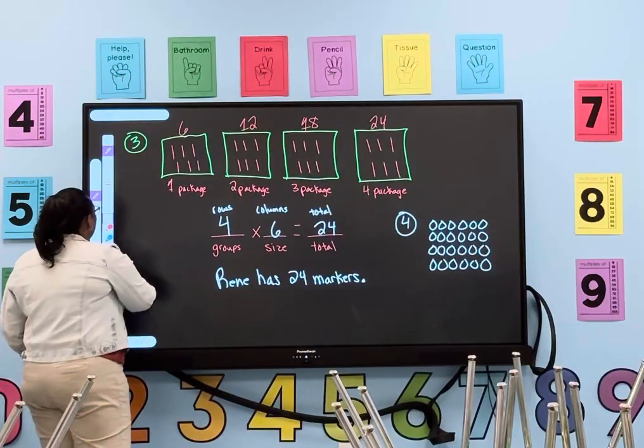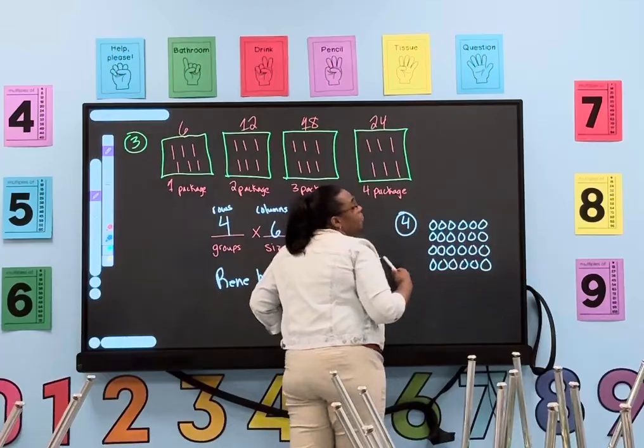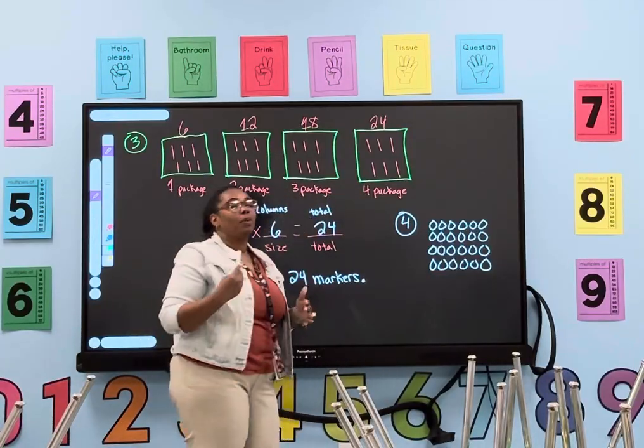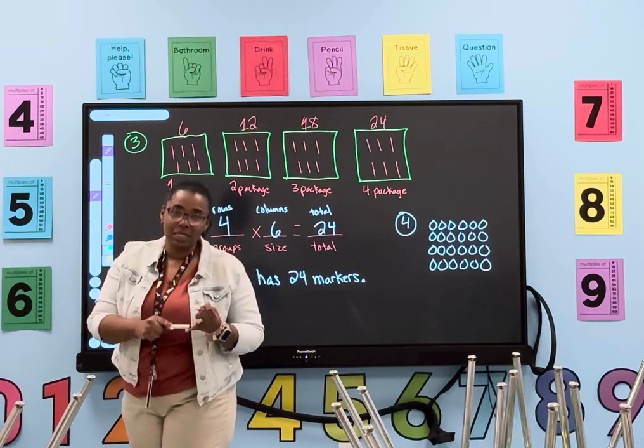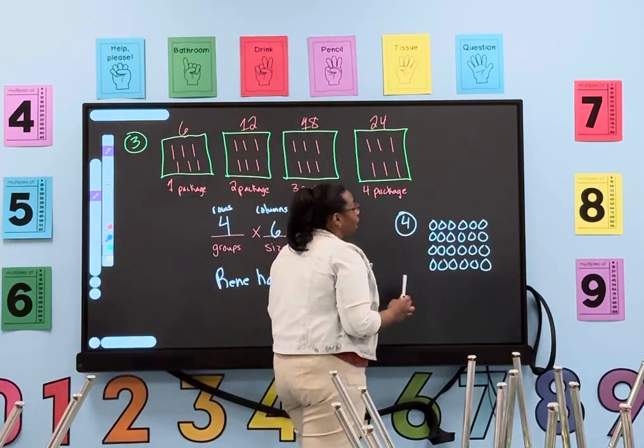So let's go ahead and do our skip count on the side. So because there are 6 in each row, that means we're going to skip count by 6. And again, we're practicing those 6s. Now we're doing 6, 4, and 3. So let's skip count by 6.